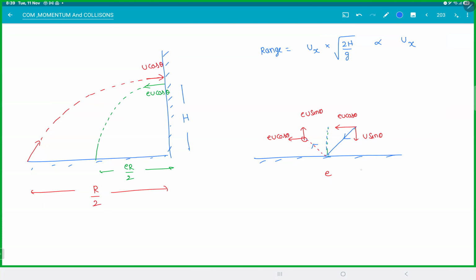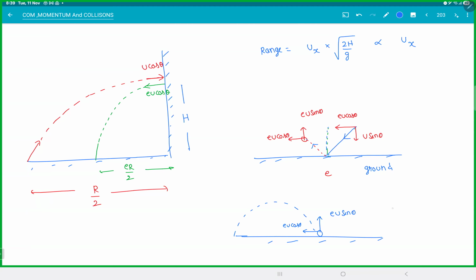So this is the collision with the floor. That means this ball, which is bouncing off, will have vertically the speed eu sin theta. Horizontally the speed is eu cos theta. This flies like a projectile and lands somewhere here. What is the range?